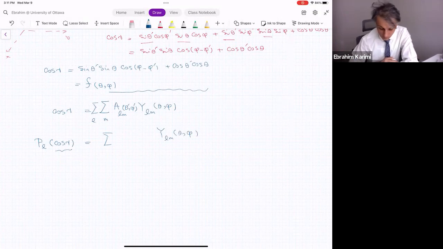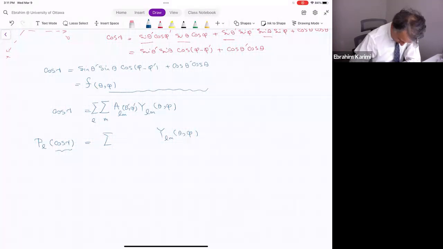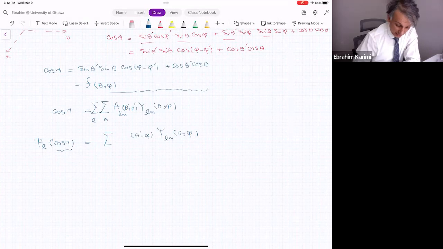Okay? And what are the coefficients of expansion? These coefficients of expansion, of course, will be functions of theta prime and phi prime, as we discussed above. But that will be only given by the spherical harmonics.